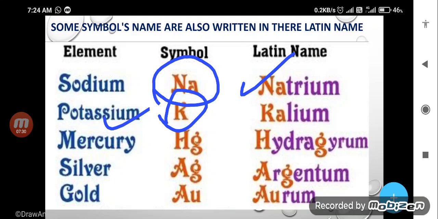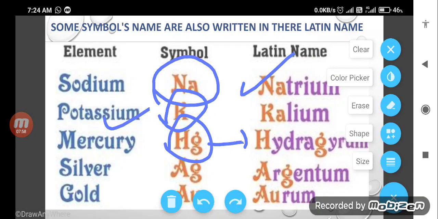Capital K, and its Latin name is kalium. Similarly mercury, we write Hg because its name is taken from the Latin word, and similarly silver and gold, we take the symbol from their Latin names. Because of their Latin names, their symbols are different. So please don't get confused.